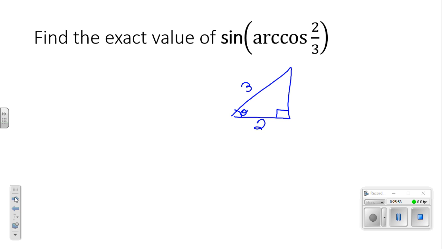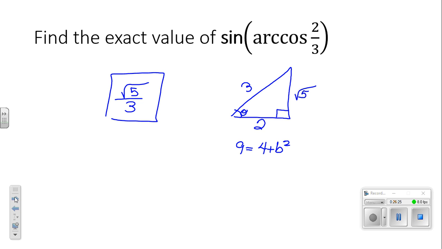So it's going to be the square root of 5, because 9 is equal to 4 plus b squared, right? So this will be the square root of 5. Everyone see where we got that? Okay. So now, what is the sine of this theta? Square root of 5 over 3. That's the answer.